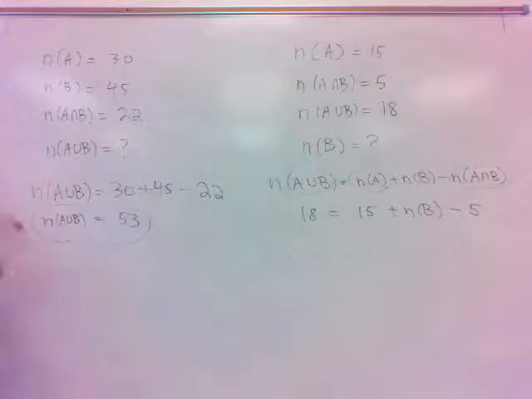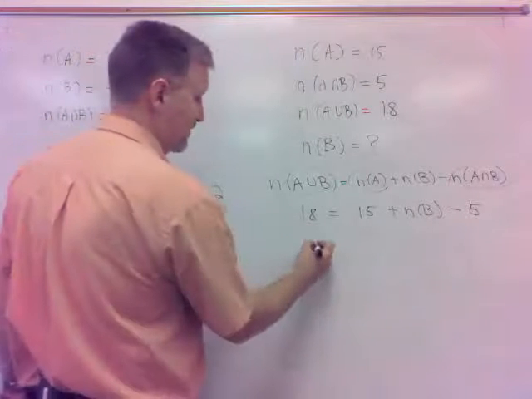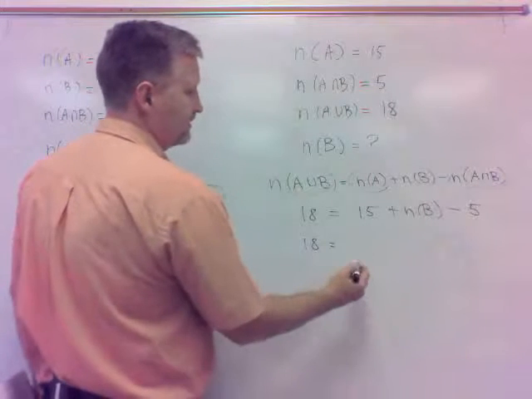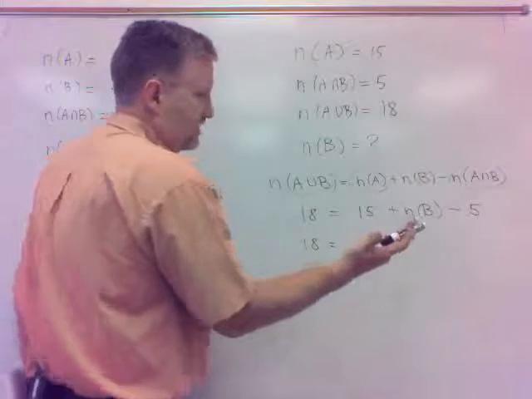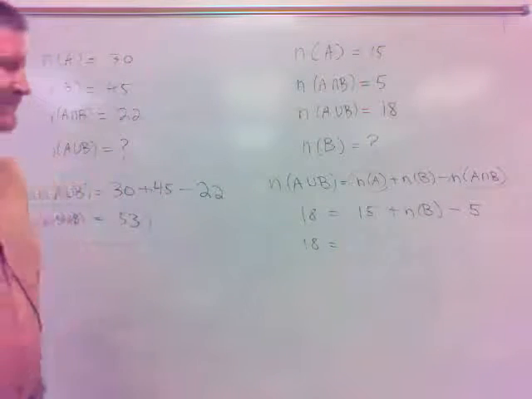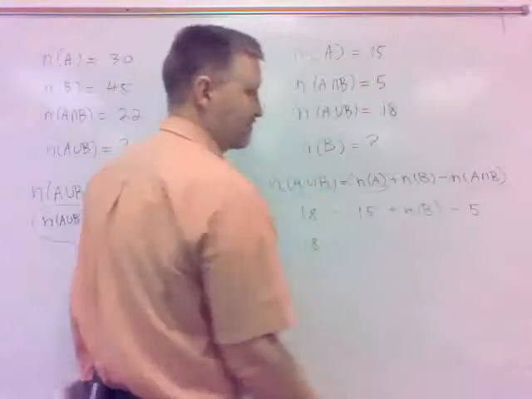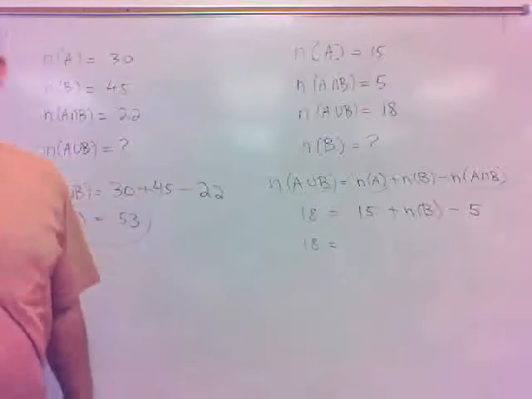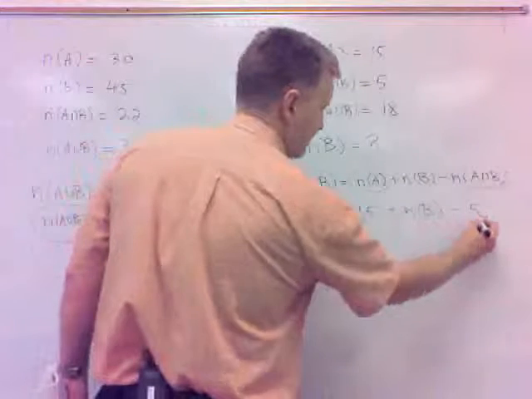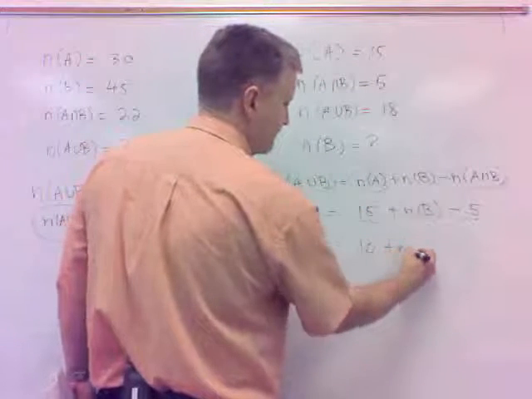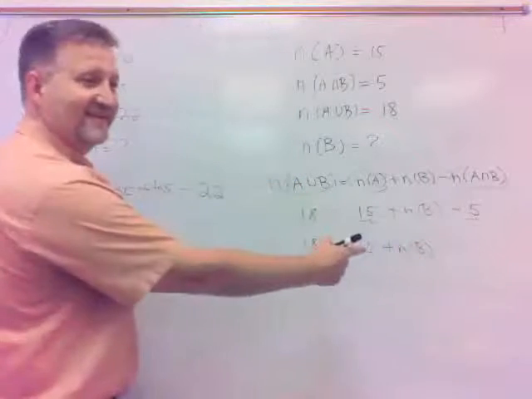I can figure out the number in B that way, can't I? The relationship still has to be the same as before. Maybe a little different scenario solving-wise, but treat it like an equation. On this side, I can combine the 15 minus 5, that's 10. So what does the number in B need to be?